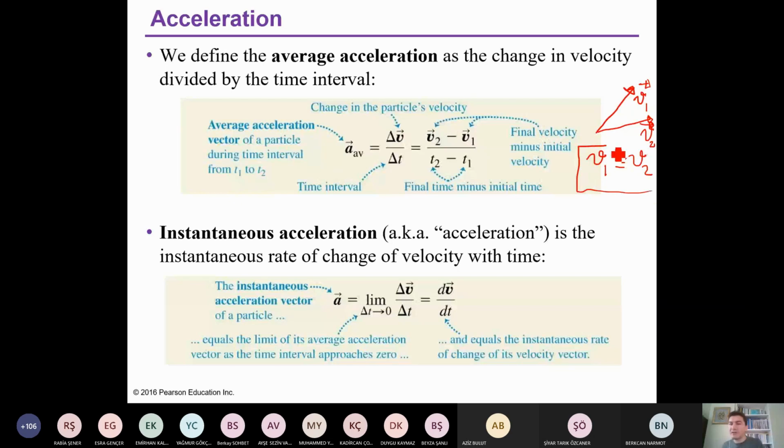But what about the direction? The direction of v1 is completely different from the direction of v2, right? So then these two vectors are not the same, so the velocity has changed. If the magnitude here is constant, but the direction is changing, then we have acceleration here, and this acceleration is constant.